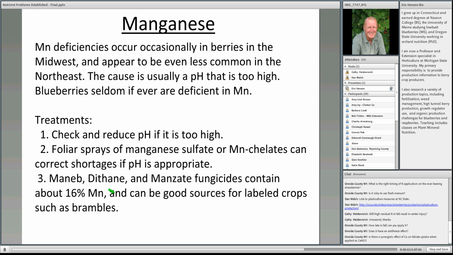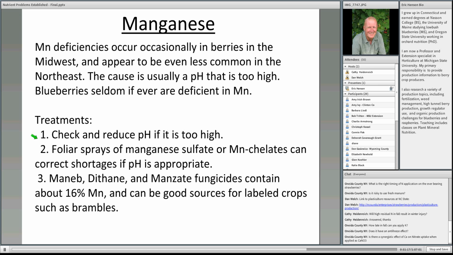The reason blueberries seldom run into manganese deficiency is that the pH is low, which increases availability of that micronutrient. So if there's a need for manganese, check pH and reduce it.